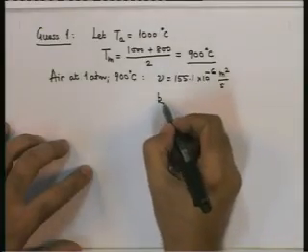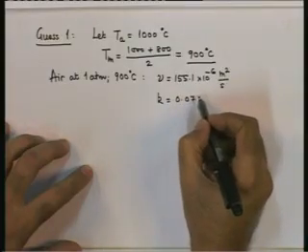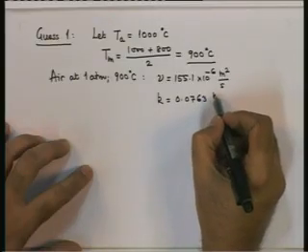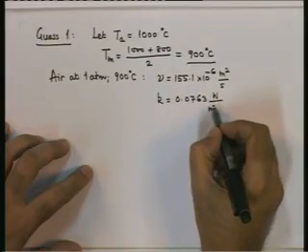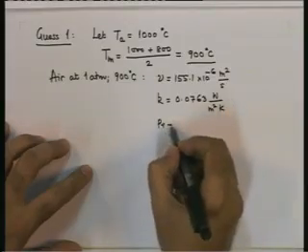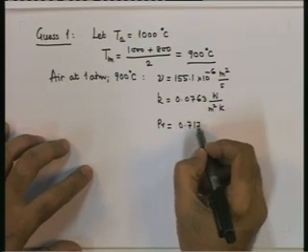K is 0.0763 watt per meter Kelvin. Prandtl number is 0.717.